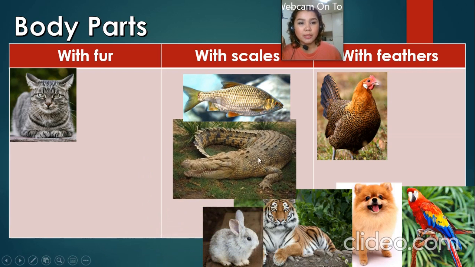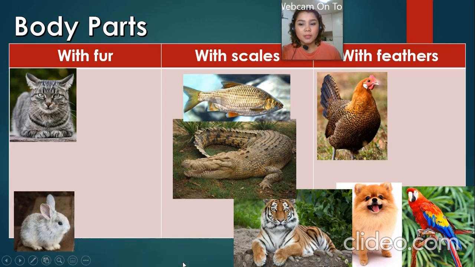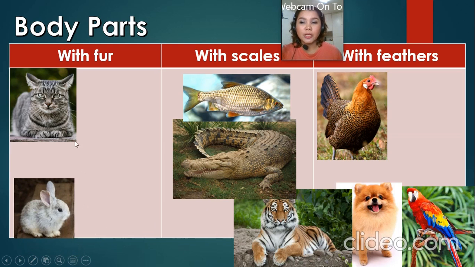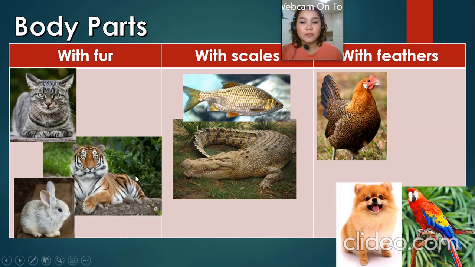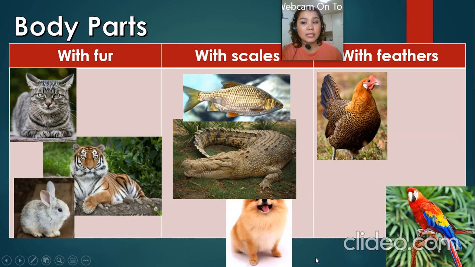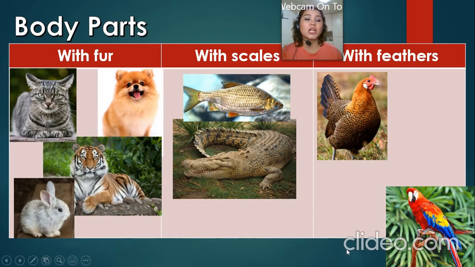Both of them have scales, but the kind of scales are different from each other. Next one, the rabbit. It has fur, just like the cats. And then the tiger. It also has fur. How about the puppy, the dog? It has fur.